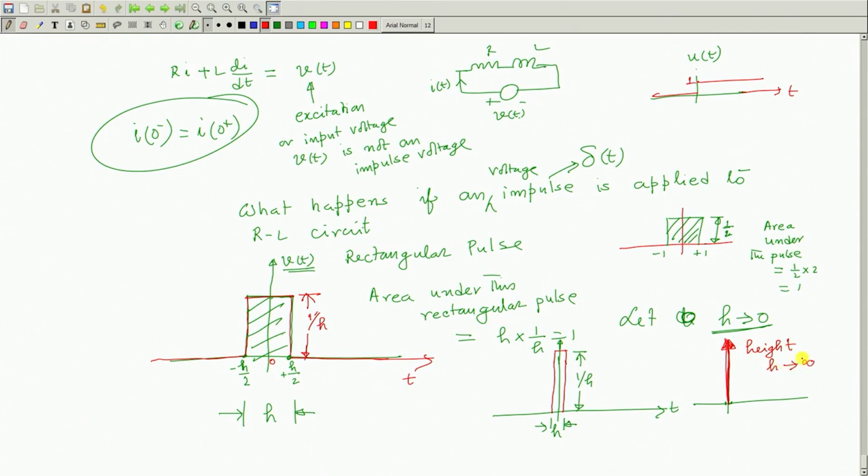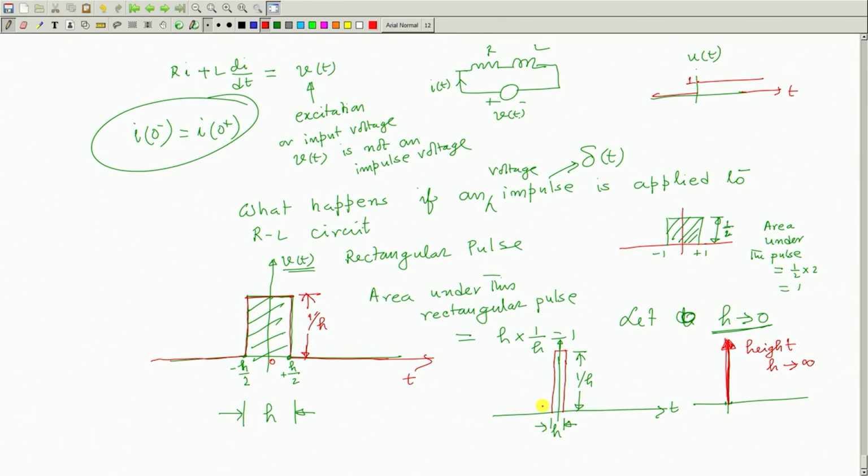However small h becomes, even 10 to the power minus 68, the height will go up.